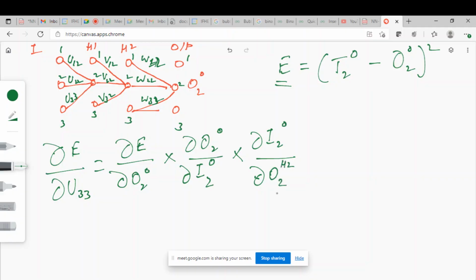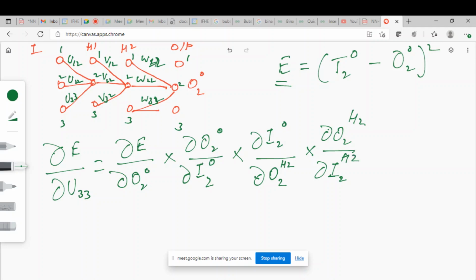Okay, is it clear? Now again, this output depends on what? Tell the equation. Why H1? See, every node's output depends on its own input.